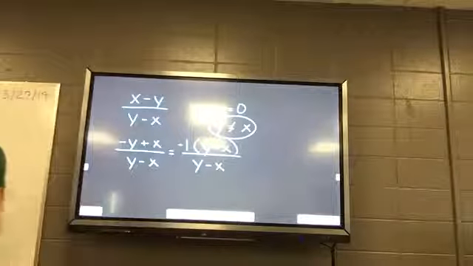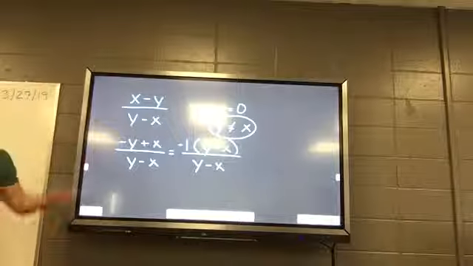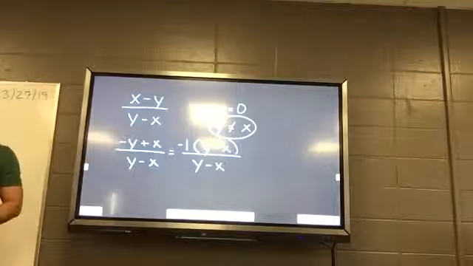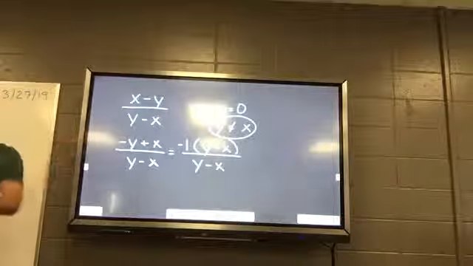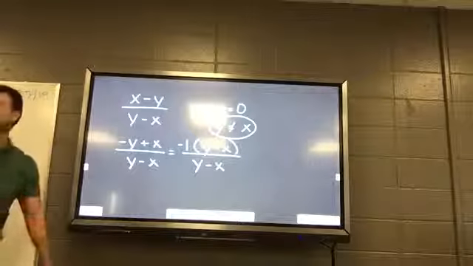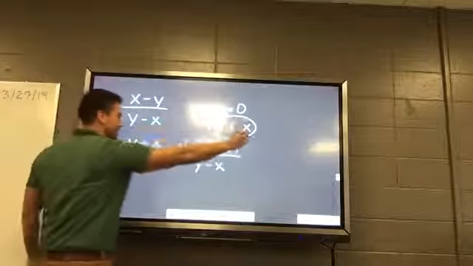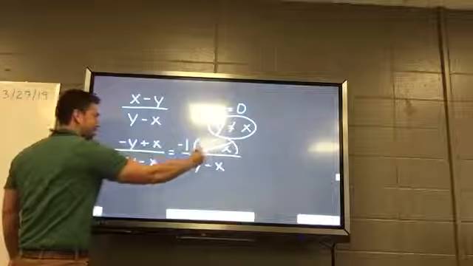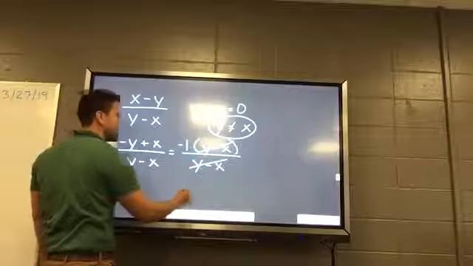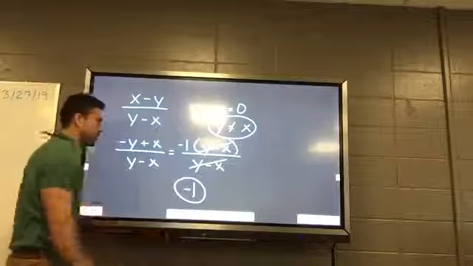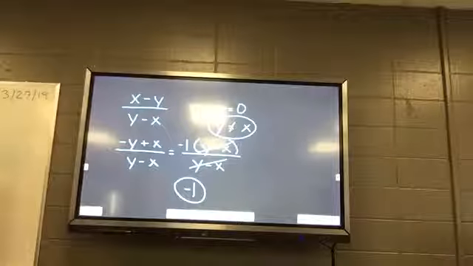Y changes to a positive. X is a negative in the numerator and denominator, so guess what happens? Those cancel out. The simplification is negative 1. This is equal to negative 1.